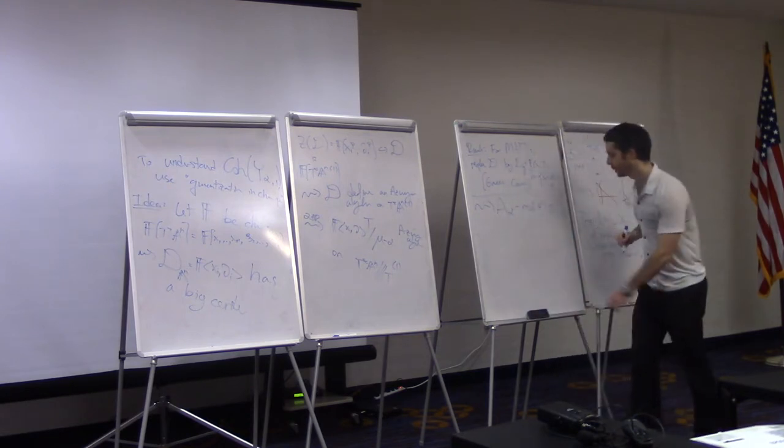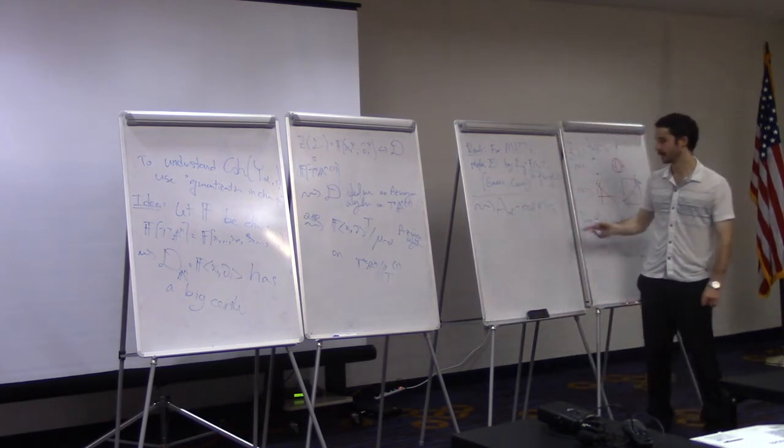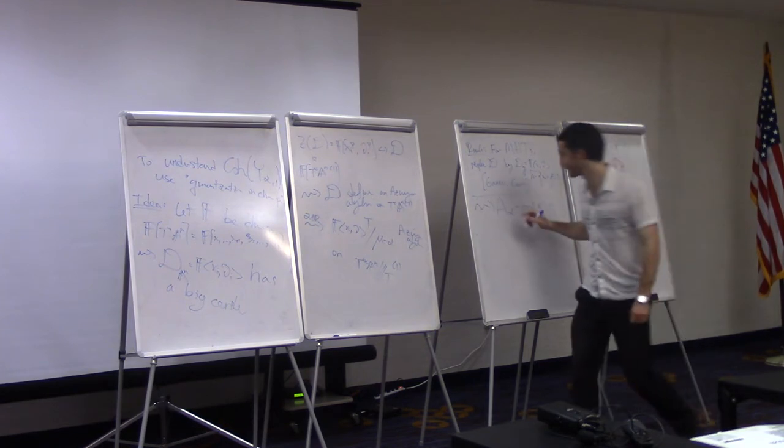G acts on this category. And so if I look at the G equivariant objects, I can take weight spaces.